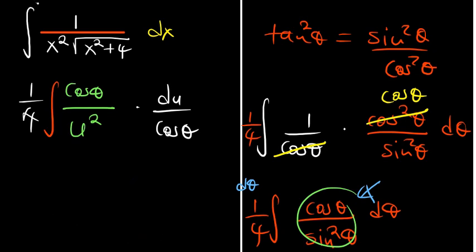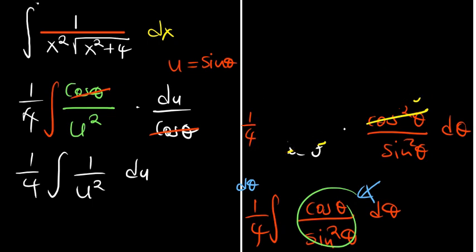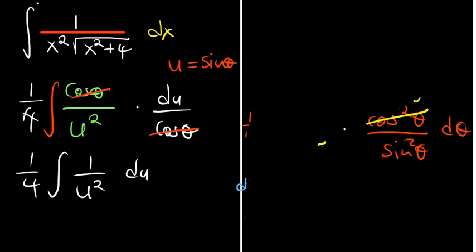So don't forget that our u is equal to sine of theta, okay? And then that is going to divide, so that we just remain with the integral of 1 over u squared du. Okay, so we can easily integrate that.